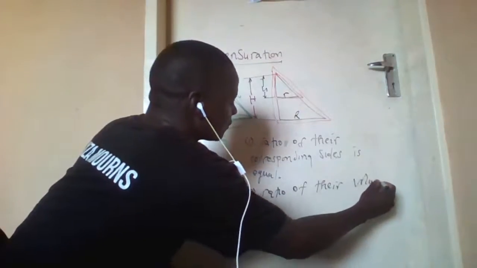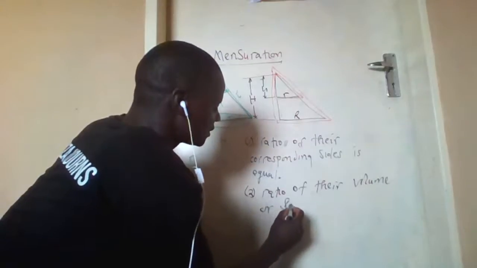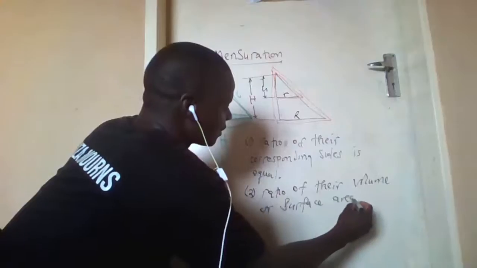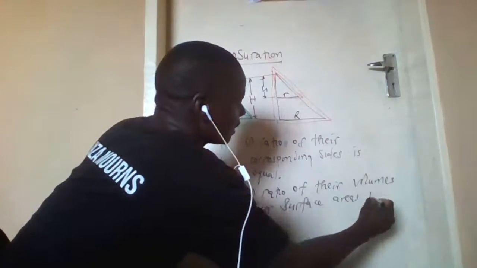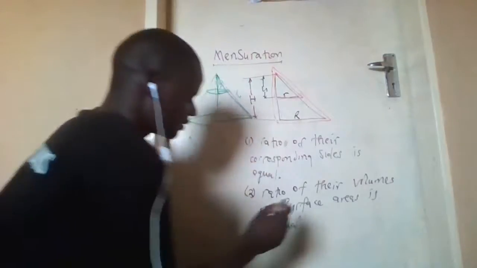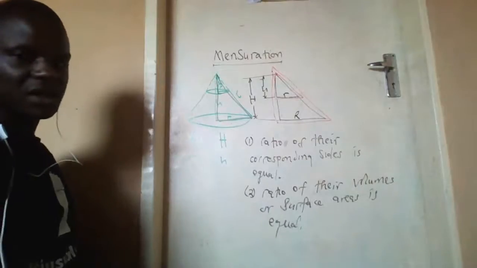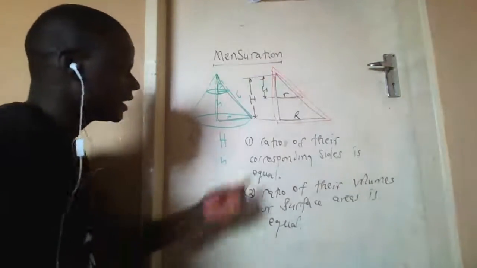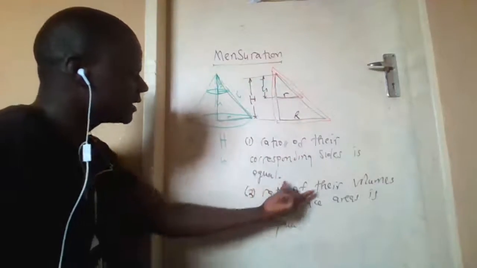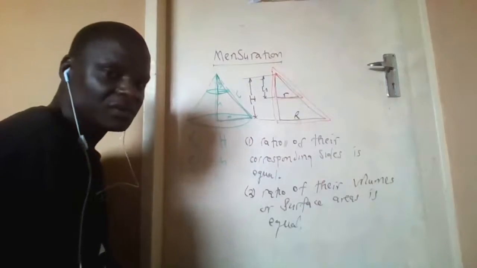So these are the two conditions that must be met if we say that two shapes are similar: the ratio of their corresponding sides must be the same, and the ratio of their volumes, or their surface areas, must be the same.